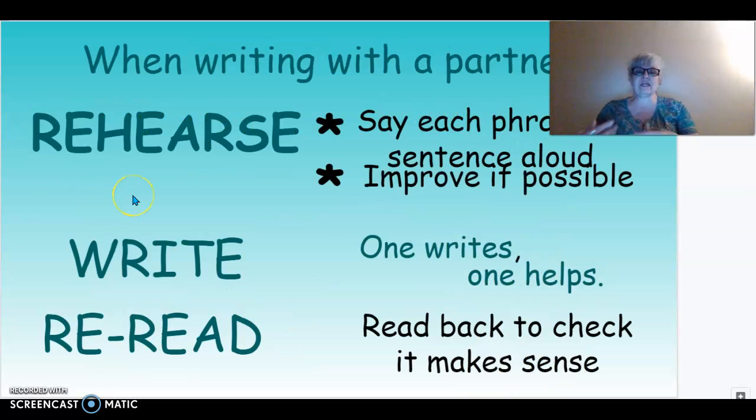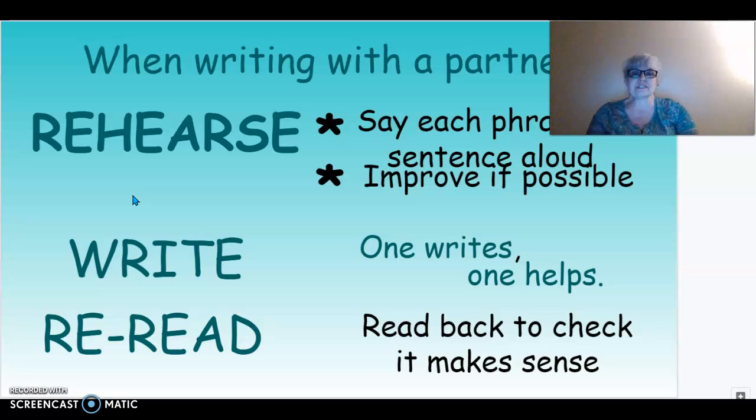Now, one of the things you're going to do is write your speech together with a partner. Actually, sorry, you're going to do this separately, but you might want to work with your partner to help you begin. All right, so you're going to say each phrase or sentence aloud, and you also need to work on improving your sentence.